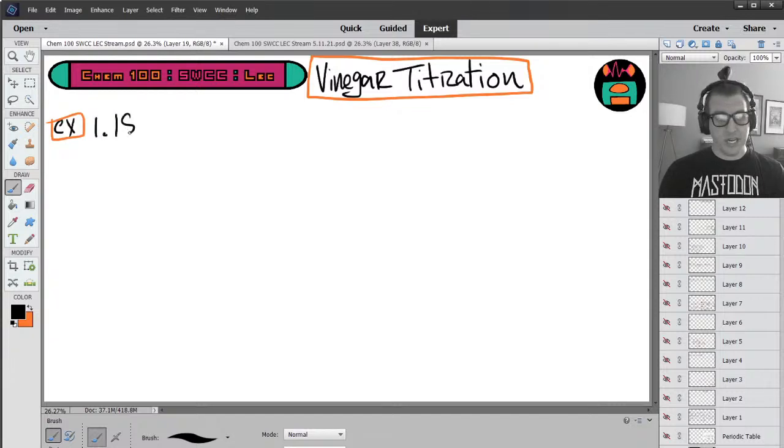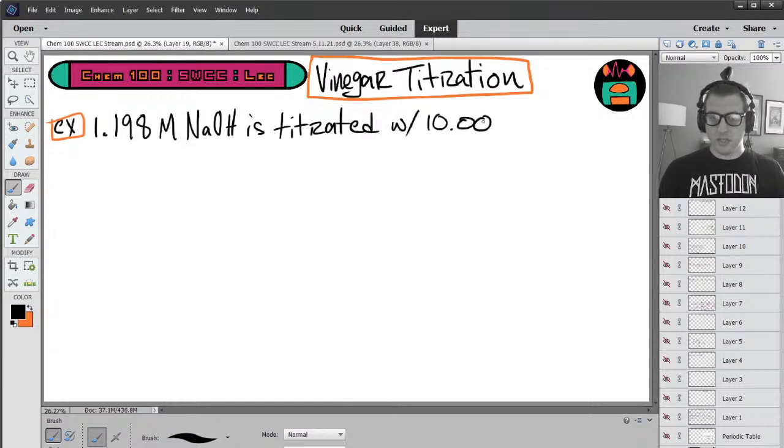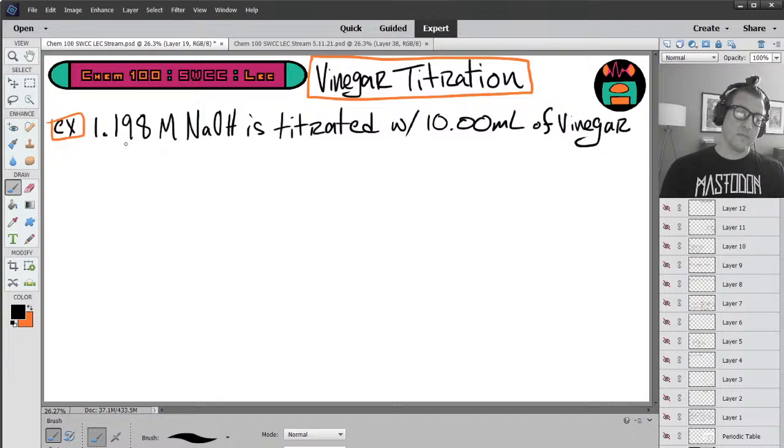So 1.198 molar sodium hydroxide is titrated with 10.00 milliliters of vinegar, whose active ingredient is acetic acid.